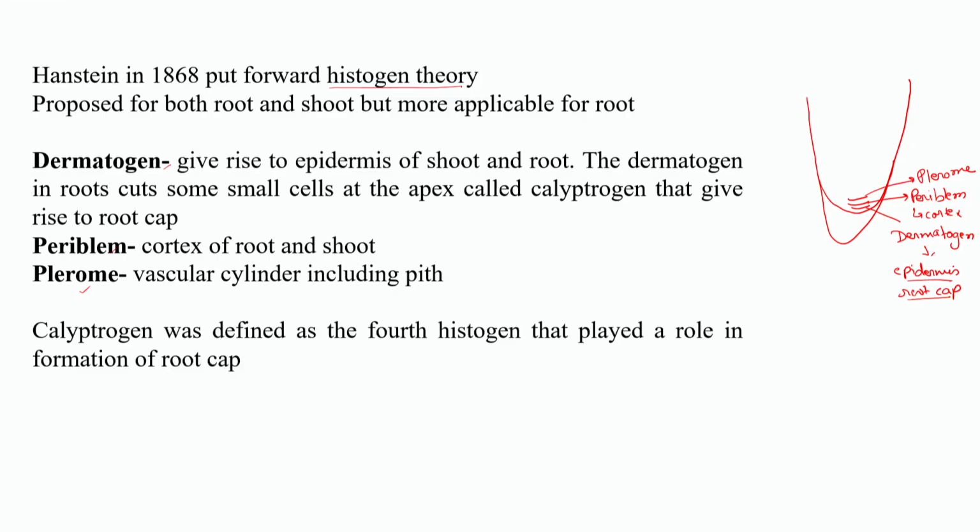According to histogen theory these layers are distinct; they have a particular destiny, they are committed and give rise to a particular cell type. But in roots also, as we discussed before, when we studied the organization of root apices, we found that there are different patterns.